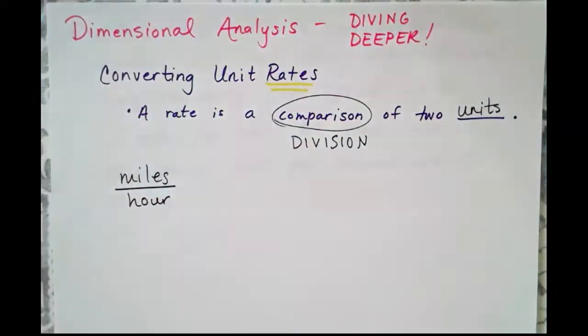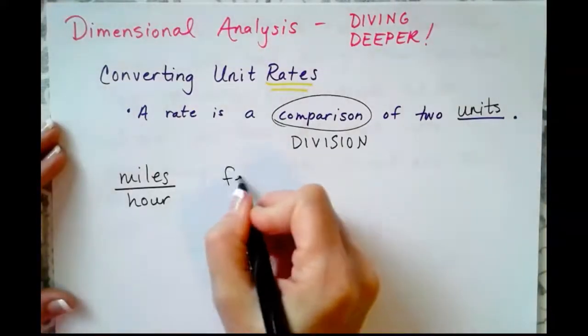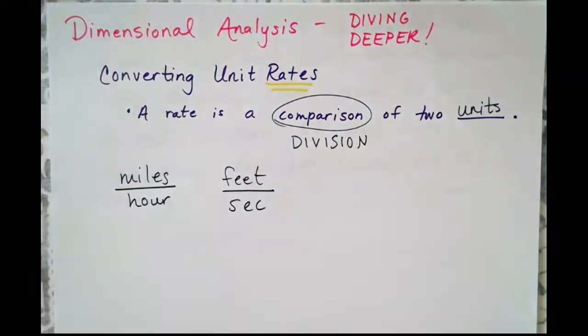That's how fast we go in our car. Maybe if we are riding in a rocket, we might be thinking about feet per second, or even crazier, miles per second. That's if you're going ridiculously fast.